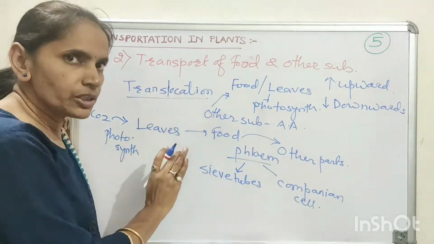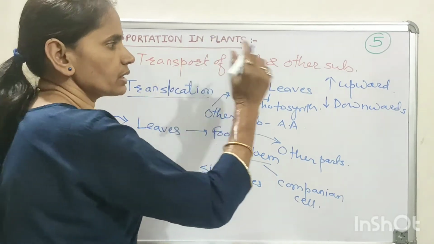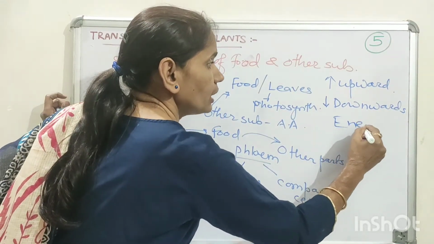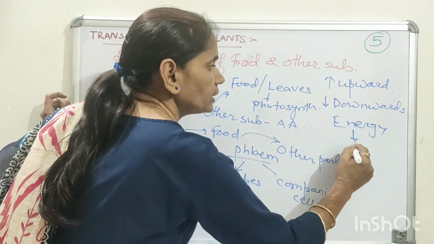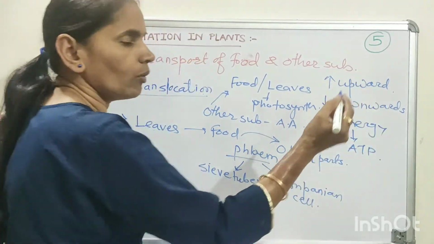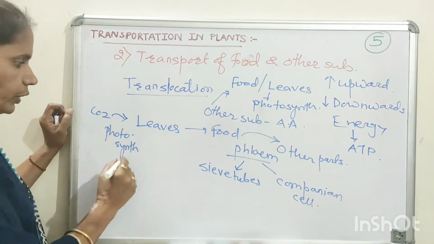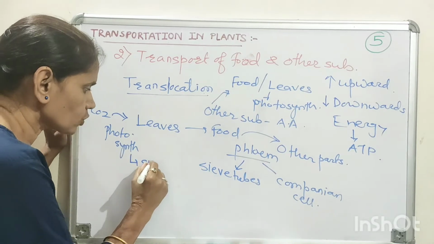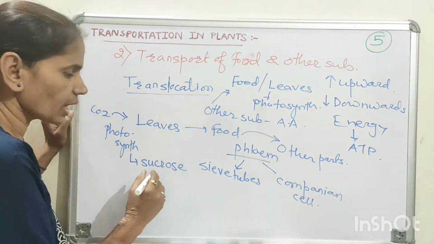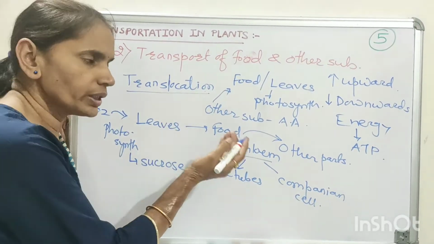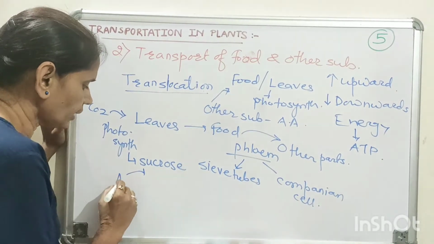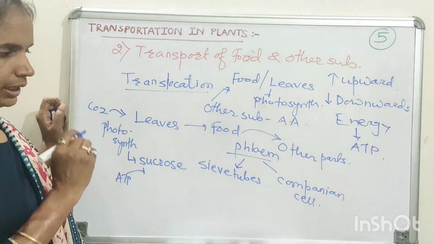Now again, the differentiating point is that for this transportation, energy is required, and this energy is required in the form of ATP. So during photosynthesis, sucrose-like molecules are transported or translocated utilizing energy in the form of ATP.